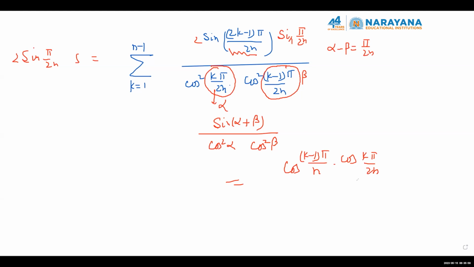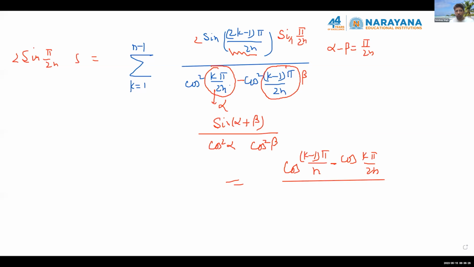It will be minus in between, not multiplication. Yes, minus of this. So whole divided by, and I think in the denominator they should have kept a minus sign. Basically, it was cos square A minus cos square B. So what is cos square A minus cos square B?